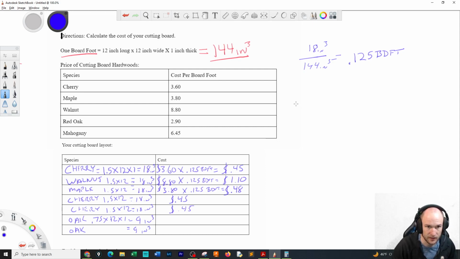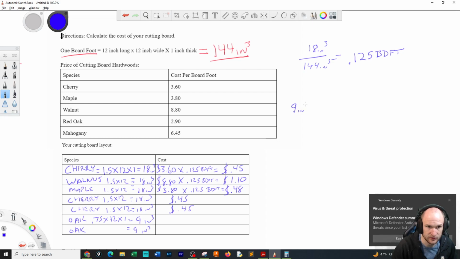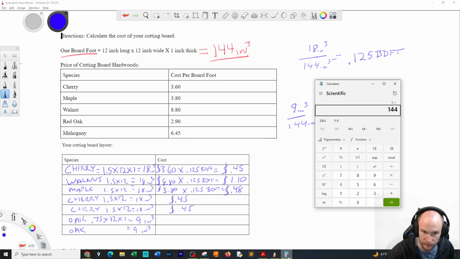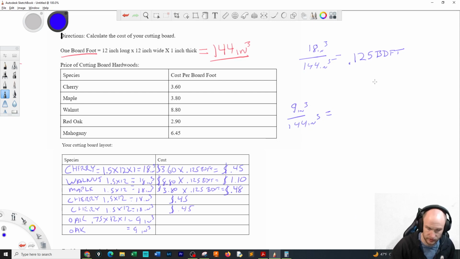So 9 inches cubed over 144 inches cubed is going to be, and we can throw it in the calculator, 9 divided by 144, and we get 0.0625, which, if anyone knew that, I would not be surprised, because that is half of up here, essentially. All right, so we got 0.0625 board feet.